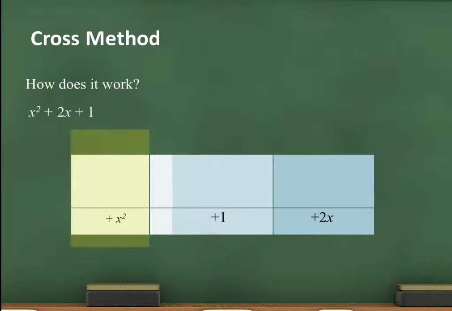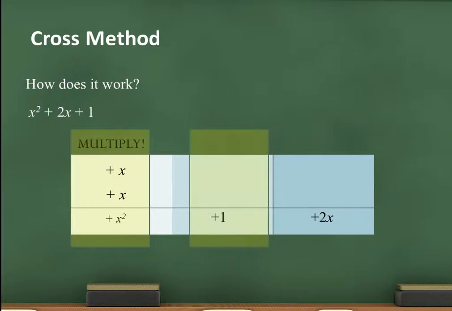For the first column, take note of the word multiply, because we are going to break up x squared into two terms that will multiply to get x squared back. In this example, x squared is made from positive x multiplied by another positive x, therefore we get a positive x squared.